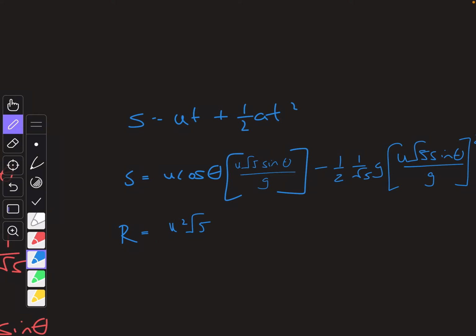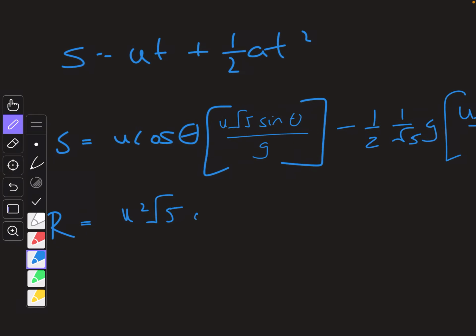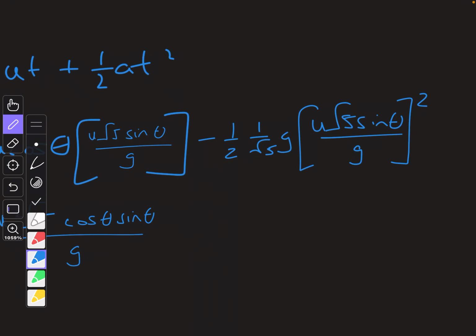Okay, u squared 5 cosine theta sine theta all over g. Minus, now just let's take our time with this, minus this becomes g over 2 root 5 times u squared times 5 times sine squared theta all over g squared.